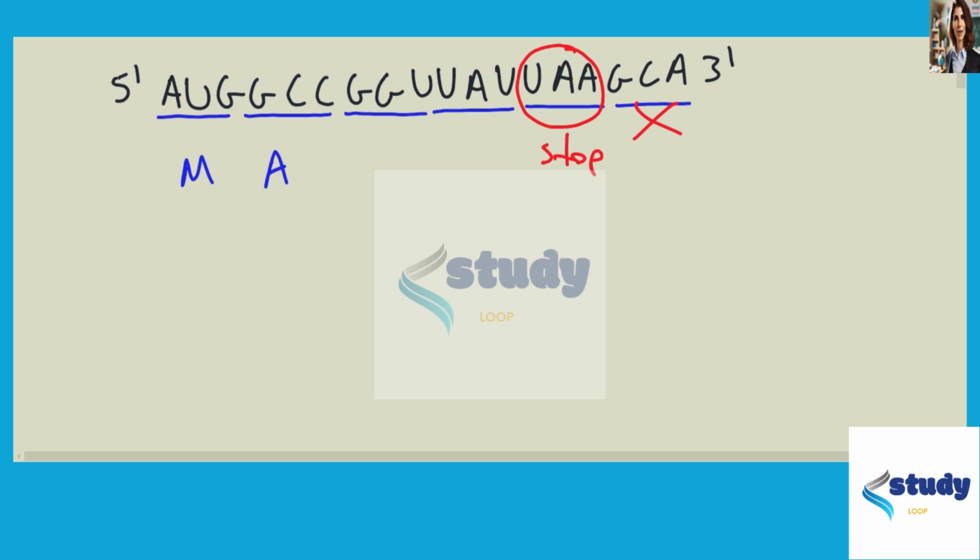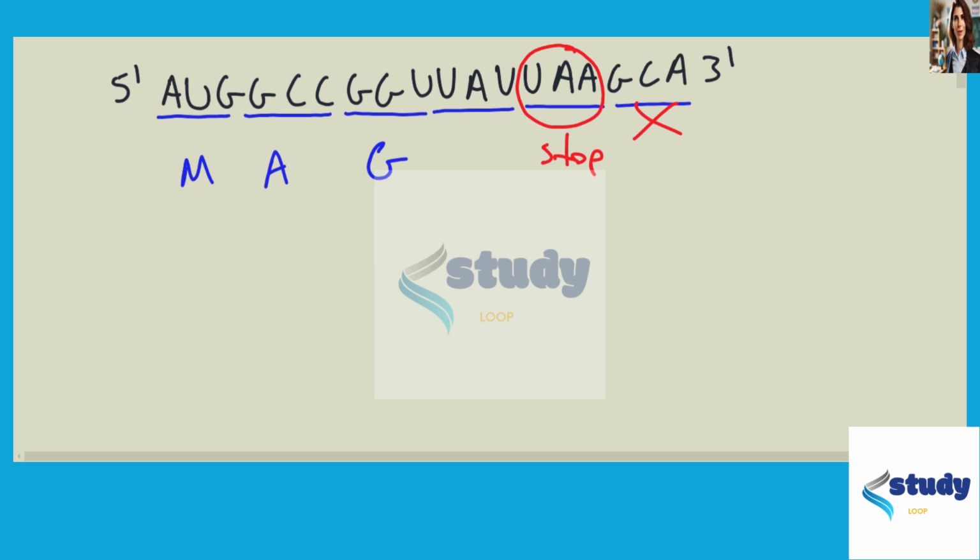GGU, this is going to be the tricky one because we need to use the codon table for it. And the one that codes for GGU is glycine, or GGU codes for glycine. Yes, that's a G.